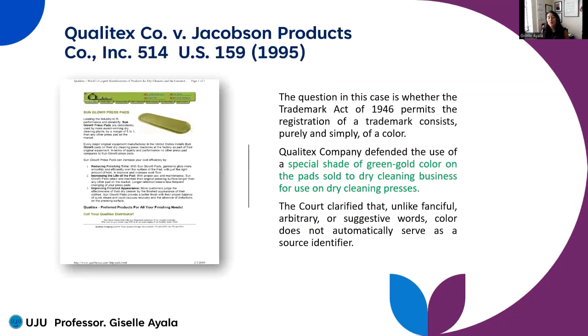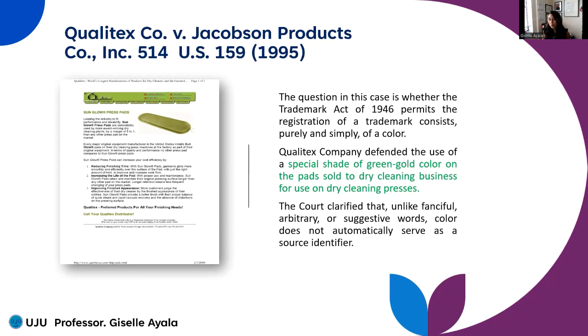Now, the court also noted in this case that the defendant argued that if we grant rights over green, there will be fewer colors available for market participants. And then the court said, well, yeah, it might be possible that once green is protected, the number of available colors is limited.